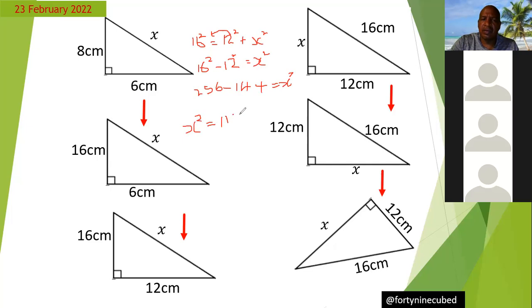So x squared is equal to 112. That means x would be the square root of 112, and that will give you how much? I get 10.58. All right, so we'll just round it off to 11. So that will give you 11 centimeters.